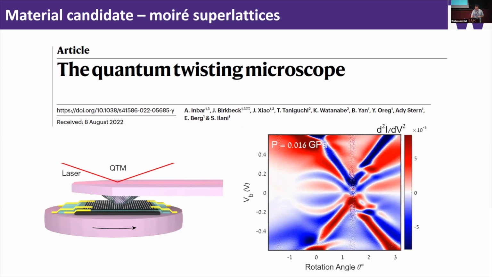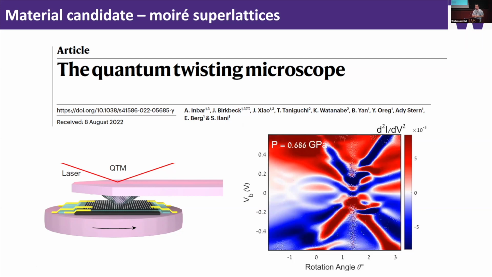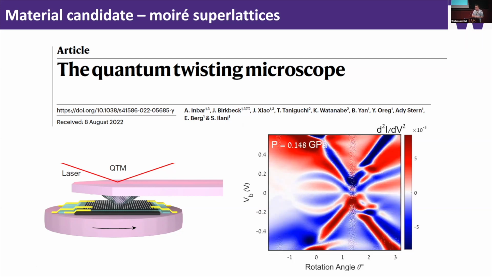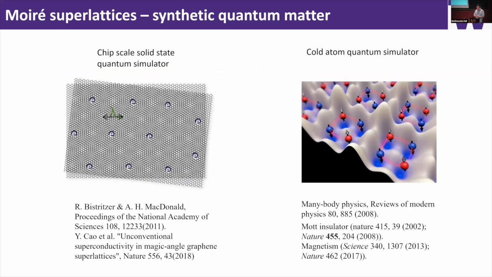One of the powerful things they demonstrate is that not only can you measure the band structure, but you can also push the tip into the sample, which is equivalent to applying pressure, so you can control the band structure in situ.